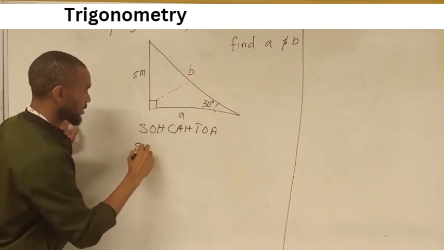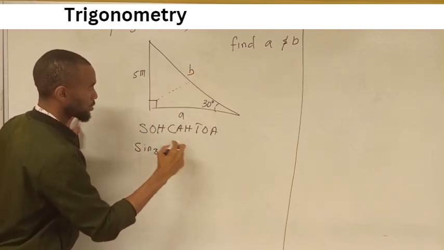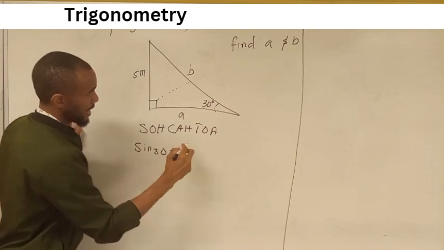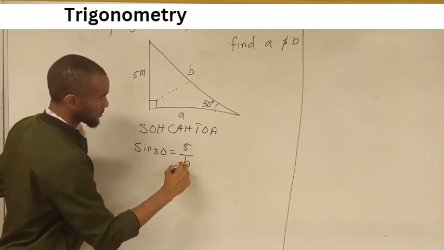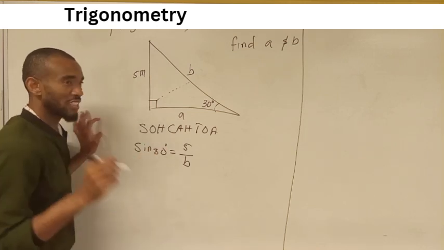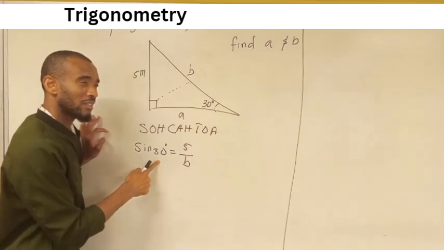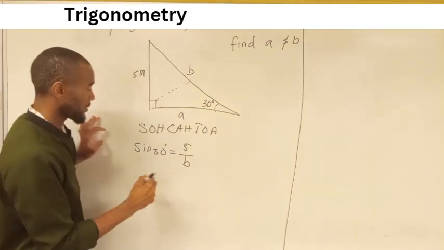So sine 30 is equal to opposite over hypotenuse, and then I have 5 all over b. In this case, when you punch it in your calculator in degrees, you find out that sine 30 is 0.5.